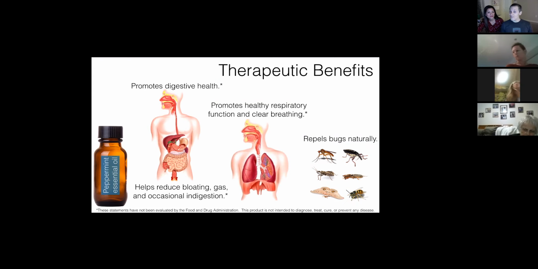The essential oils have therapeutic benefits for us. For instance, peppermint essential oil promotes digestive health, helps reduce bloating, gas, and occasional indigestion, promotes respiratory health, helps you breathe freer, and, maybe not so therapeutic but also very helpful, it repels bugs.